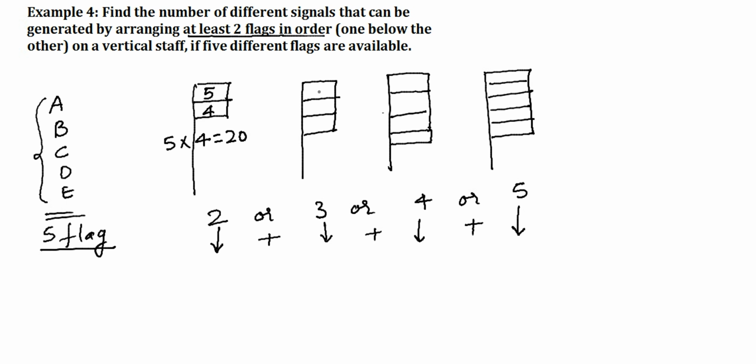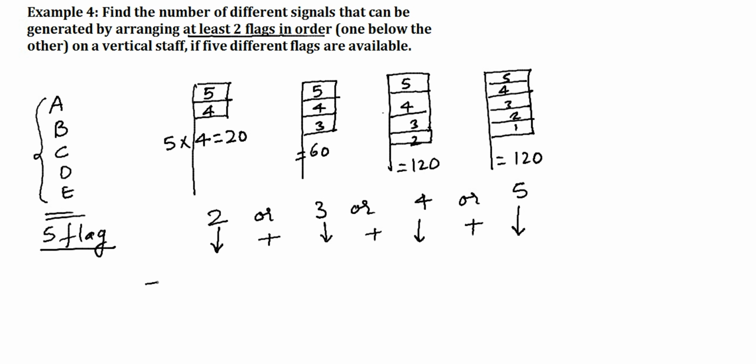For 3 flags, 5 into 4 into 3, that will be equal to 60. For 4 flags, 5 into 4 into 3 into 2, that will be equal to 120. And for 5 flags, 5 into 4 into 3 into 2 into 1, that will again be equal to 120.